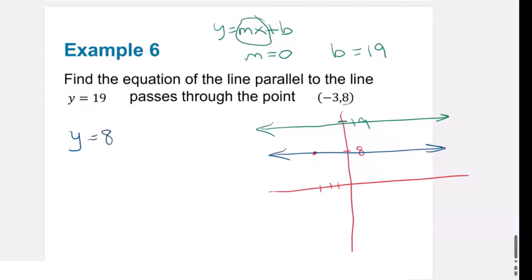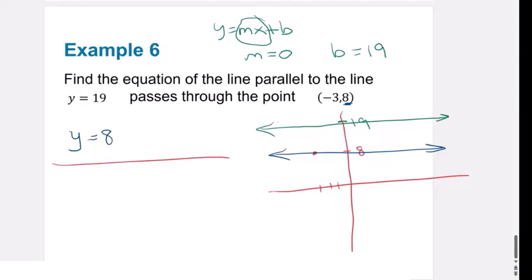It's really just the y value. And if it was x equals something and I wanted a line parallel, I would just say x equals -3. And again, if I wanted perpendicular, I would just say that the line perpendicular to y equals 19 is going to be a line that is vertical, right?